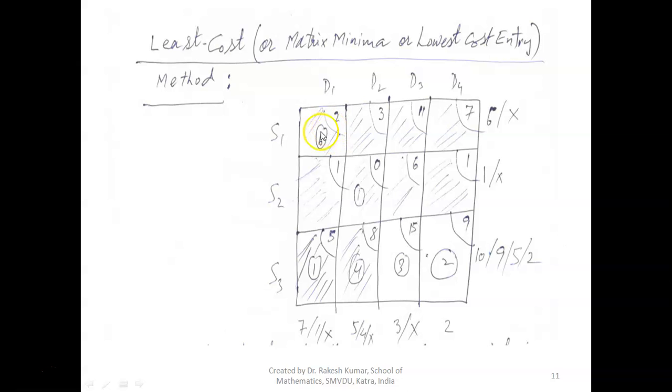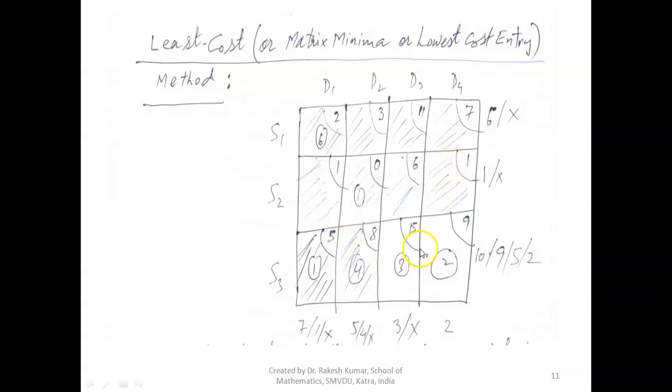Now I cannot consider this row and this row for finding the lowest costs because the supplies are finished. So now I have to move to only the third row. These shades are just added to show that you should not consider the first and second rows for transportation.